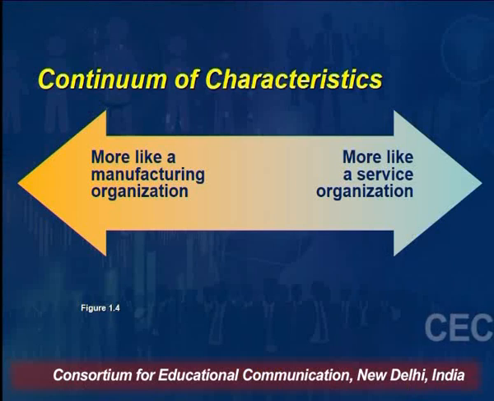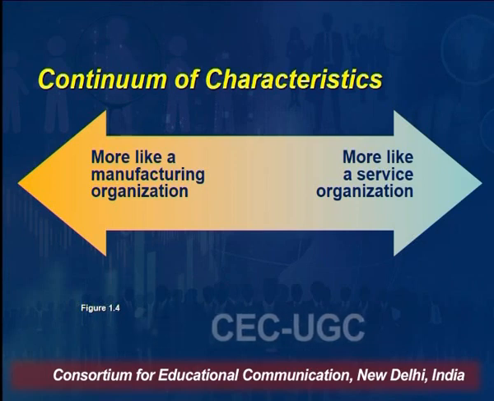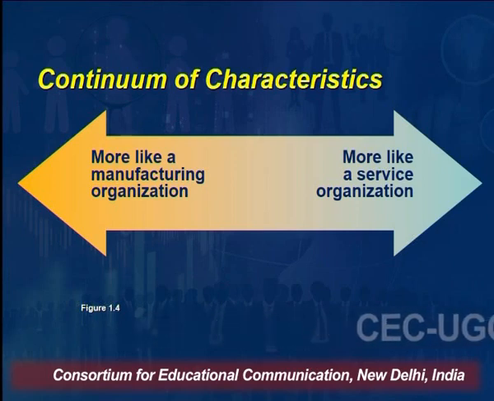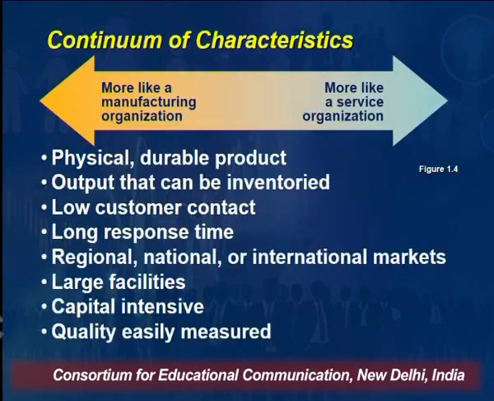So now let us try to understand operations management vis-a-vis a manufacturing organization and vis-a-vis a service organization. Operations management is required in both. In a manufacturing organization, generally we produce a physical, tangible, durable product.